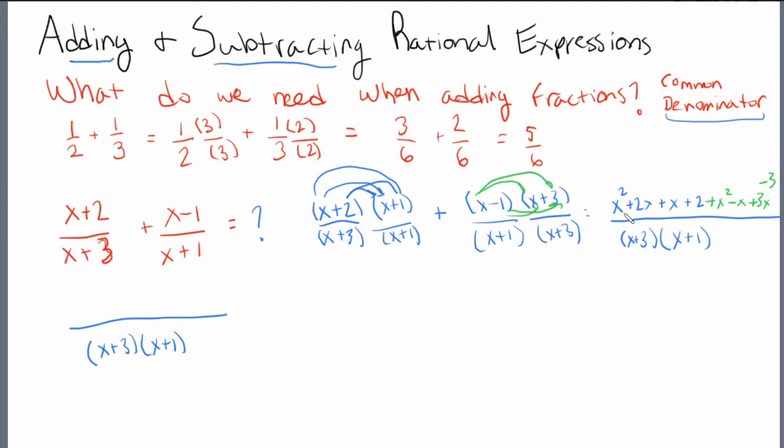So let's clean this up a little bit. I'm going to combine some like terms. It looks like I have an x squared and another x squared, so I have 2x squared.